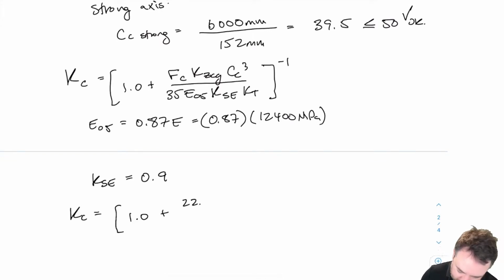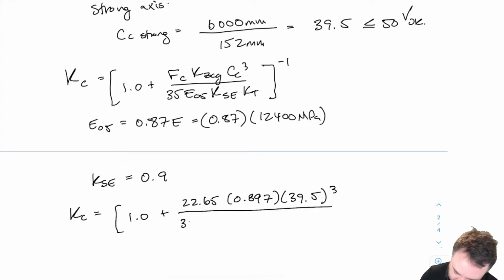Now we can go ahead and fill in all these numbers. 0.8, 39.47, 39.5 cubed divided by 35 times E05, which is 0.87 times 12,400, times KSE, which we just found is 0.9, times KT is 1.0.